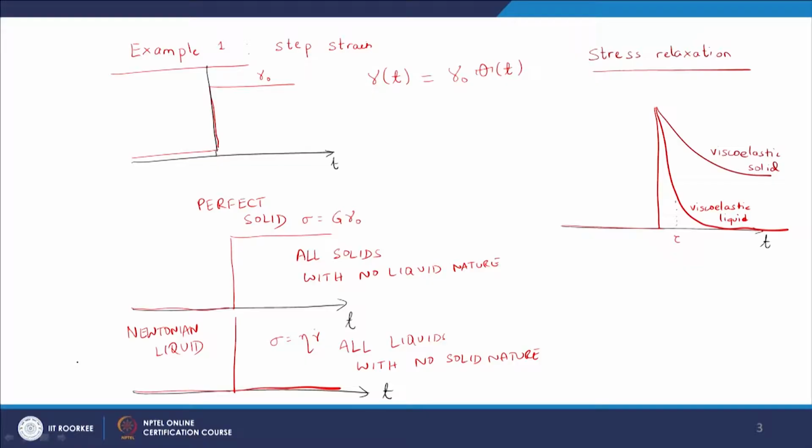So, let us see how we get the result if I apply the Maxwell model in this case. What the Maxwell model tells you is that gamma(t) is gamma_E(t) plus gamma_V(t).